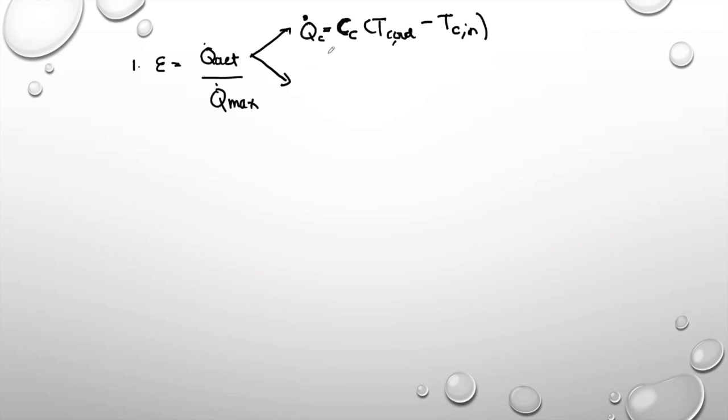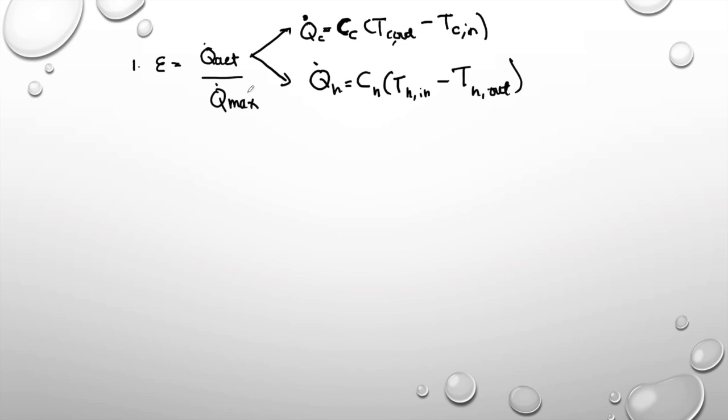The other one is Q dot H, which is C H times T H in minus T H out. So by using these two equations, you are actually calculating the actual rate of heat transfer.